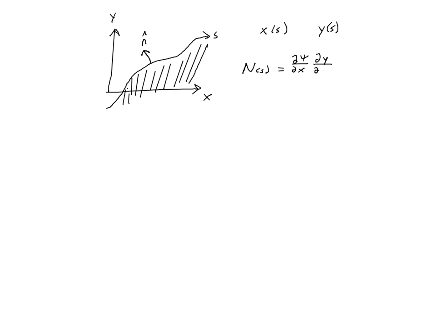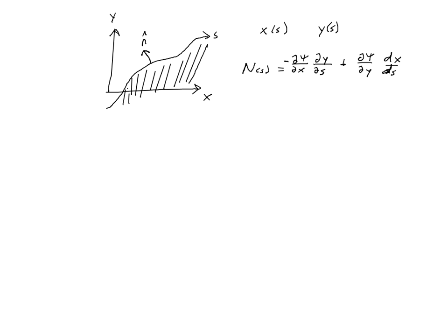And then we throw in a negative sign here, because you can see that the solution is going to go negative with respect to x here. And then I'm going to add to that the derivative of psi with respect to y and the derivative of x with respect to s.